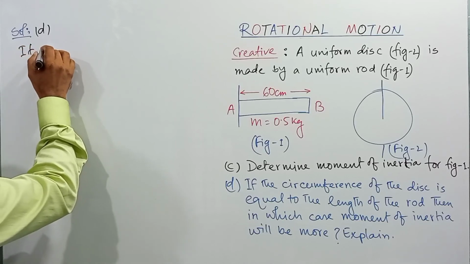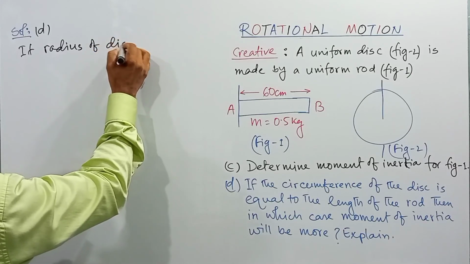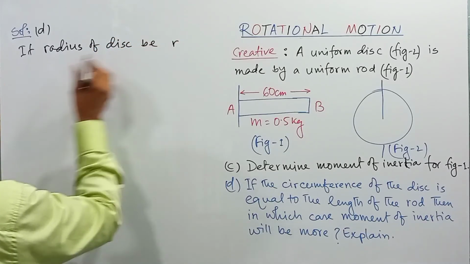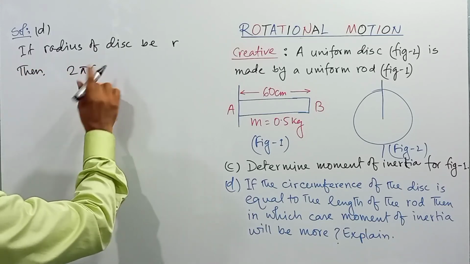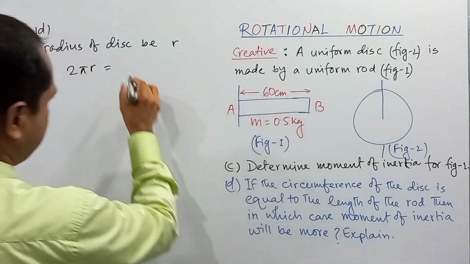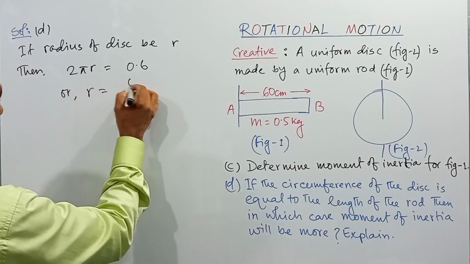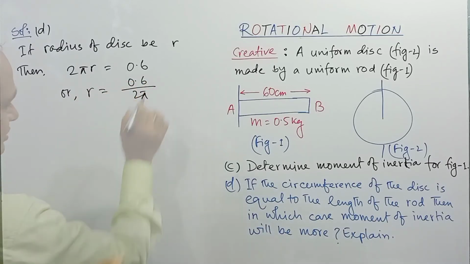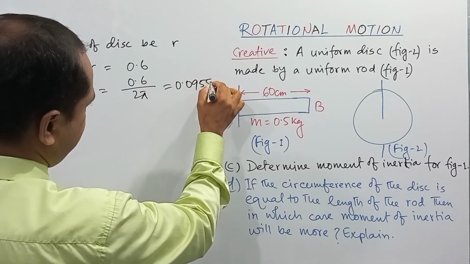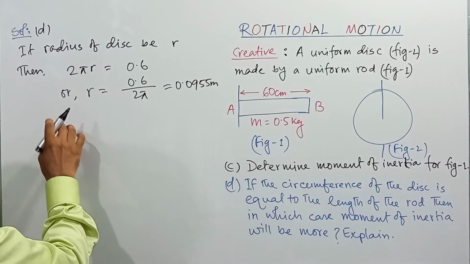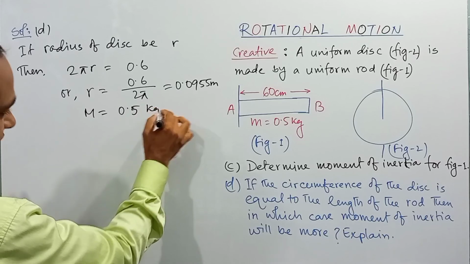If the radius of the disc be r, then 2 pi r, that is the circumference, will be equal to the length of the rod, that is 0.6, or r is equal to 0.6 divided by twice pi, and it will be 0.0955 meter. And you know the mass will be the same, that is M is equal to 0.5 kg.